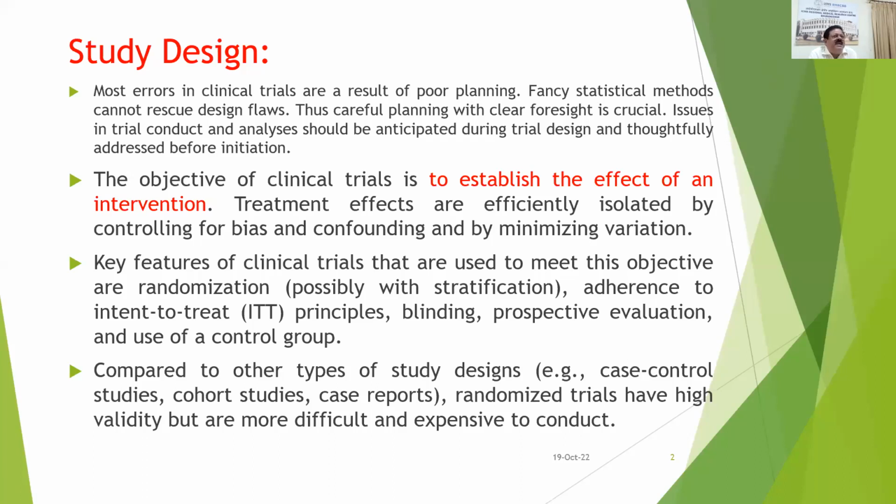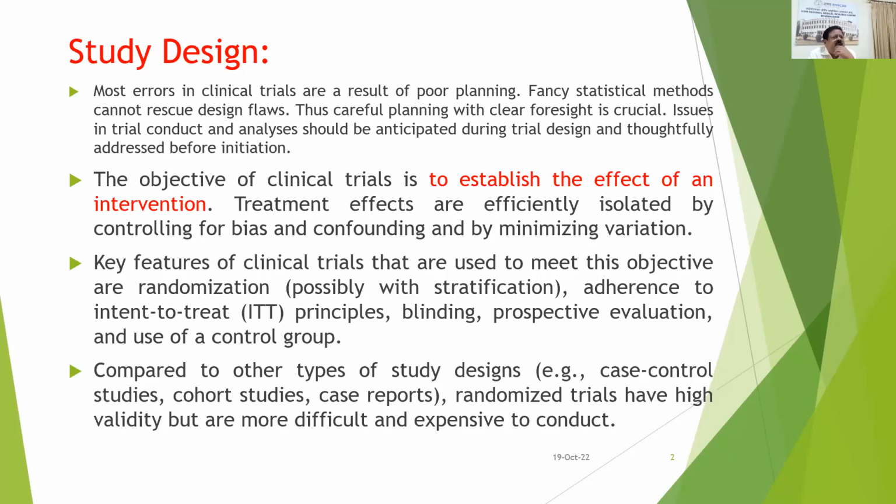The objective of clinical trials is to establish an effect of intervention. If the treatment effects are efficiently isolated by controlling for bias and confounding factors and by minimizing variation within the cluster, it should be looked into.